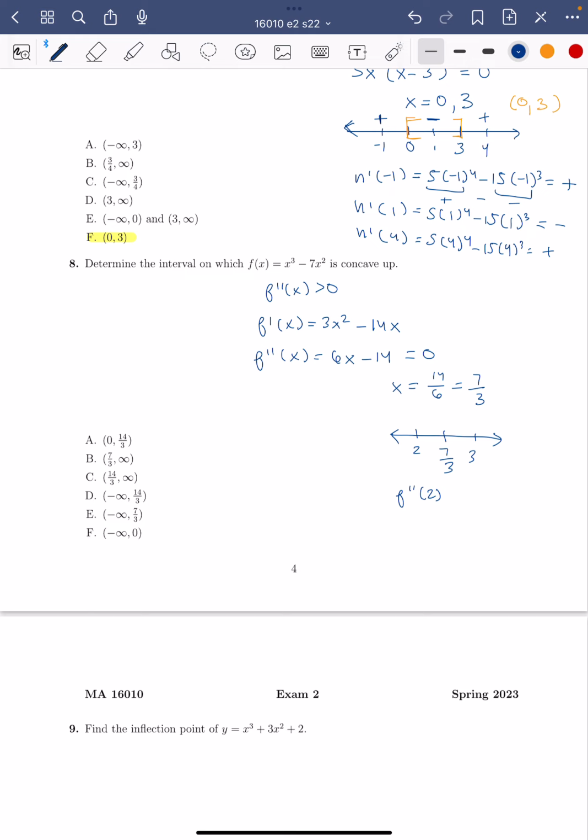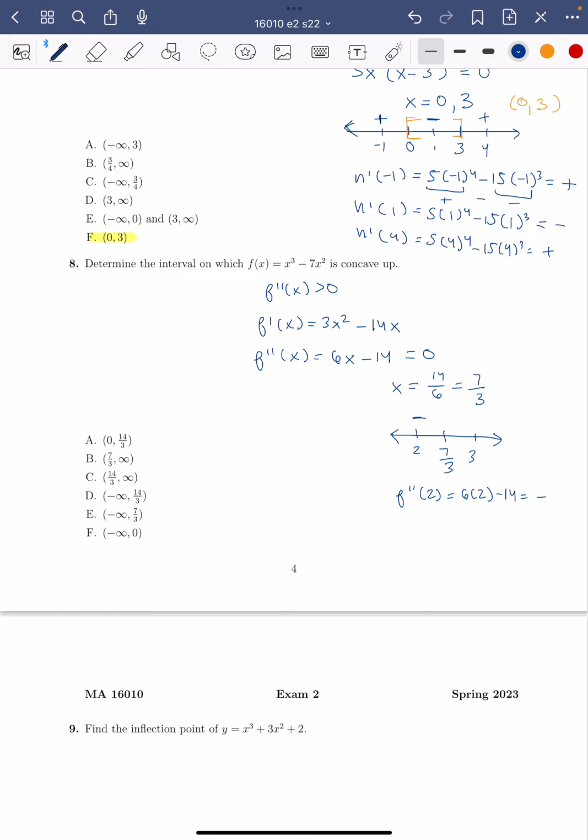So let's use 2 for the left side, or less than 7/3. So f double prime of 2 equals 6 times 2 minus 14. That is a negative number. You would get -2. Again, when we're just looking at concavity, the number doesn't matter, only the sign does. So this left-hand side is negative.